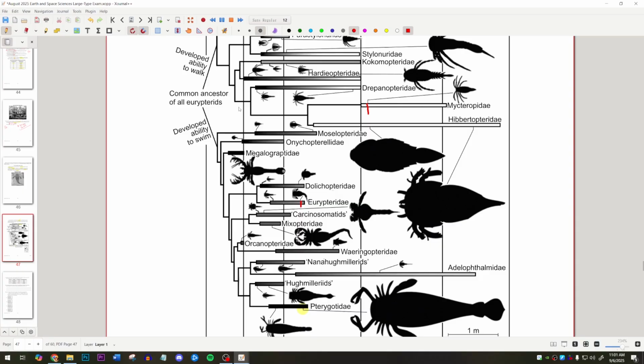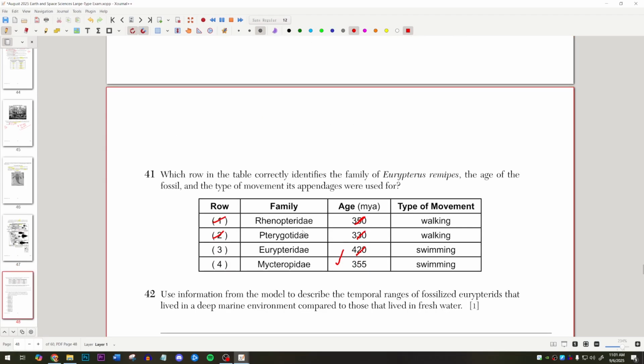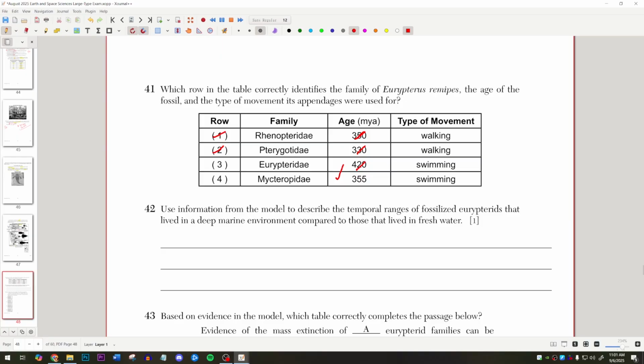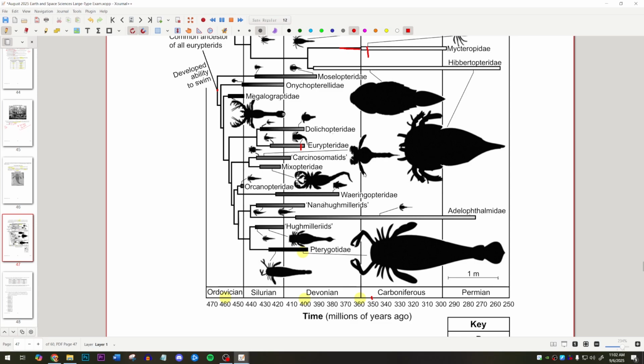Let's see. Where is this thing? This thing goes here. Developed ability to swim. But it's not a swimmer. No. Oh, wait. Developed ability to walk. Developed ability for swimming. It's not a swimmer. Uh-oh. Alright, well, that's a problem.